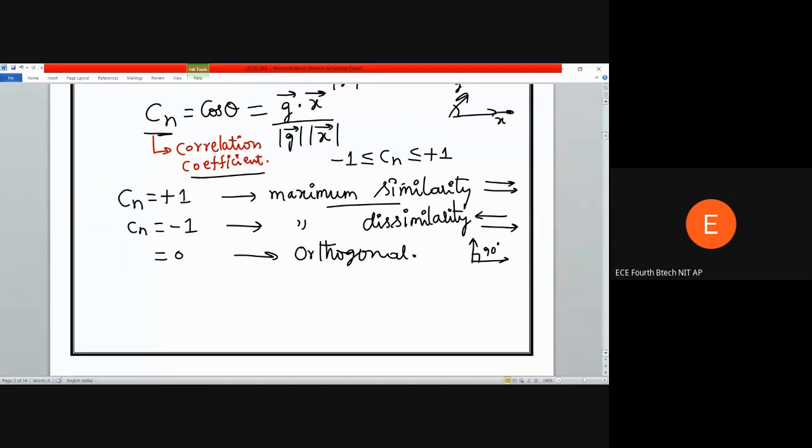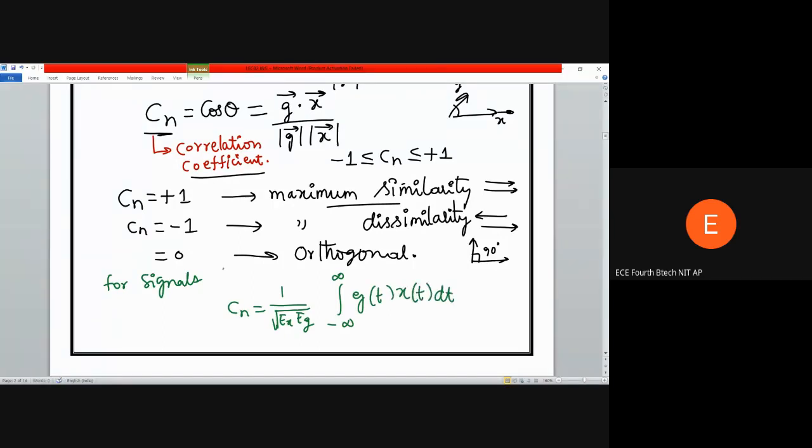So the correlation coefficient for signals, Cn, will be equal to 1 upon under root of Ex multiplied with Eg, the energy of the signal x and the energy of the signal g, multiplied with the integral, usually considered from minus infinity to plus infinity, of g of t multiplied with x of t dt.